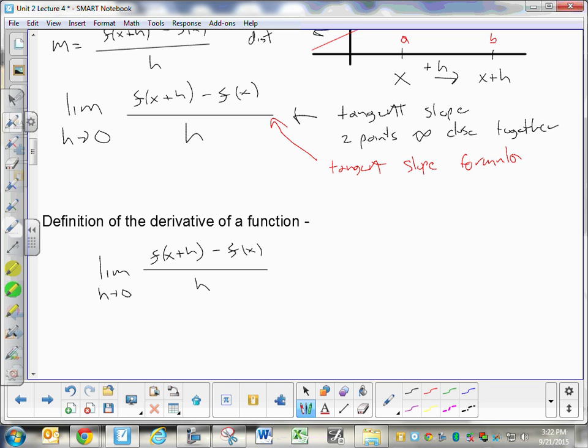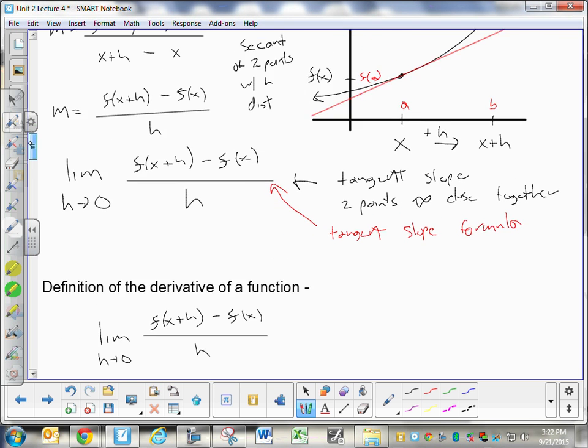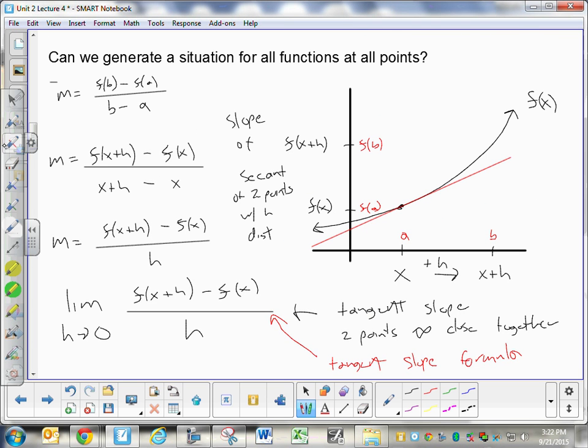It probably still seems weird to you. We'll apply it so you can see that it'll work. Now, the very important thing to know is that this came from the slope formula. You're going to forget this in the future. I'll remind you, this is just a fancy formula for slope that we changed.